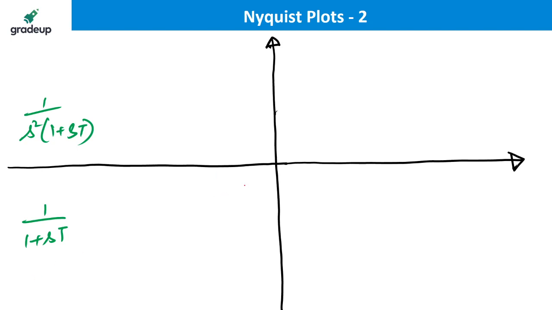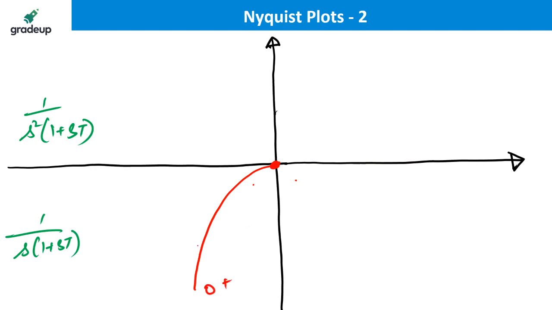Okay, guys, come and observe. 1 upon s into 1 plus st is what we started with yesterday. This was the plot. This is 0 plus.